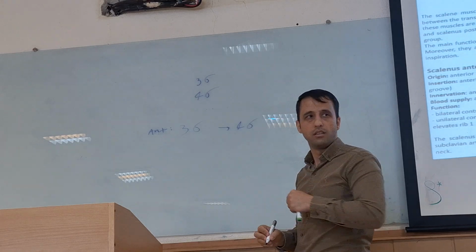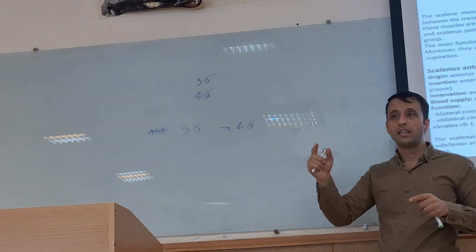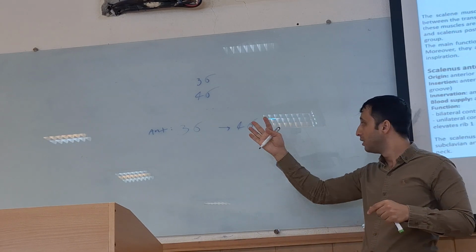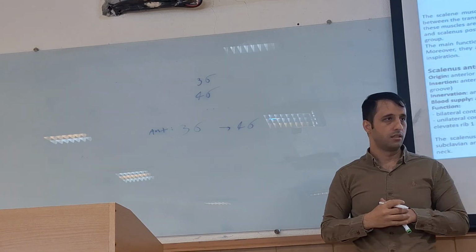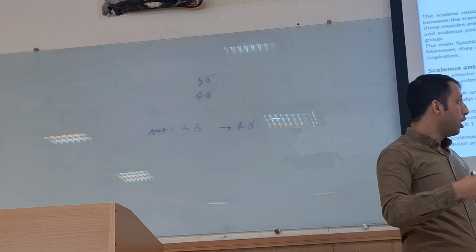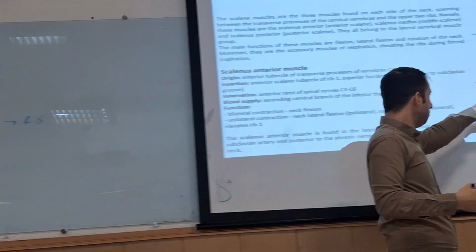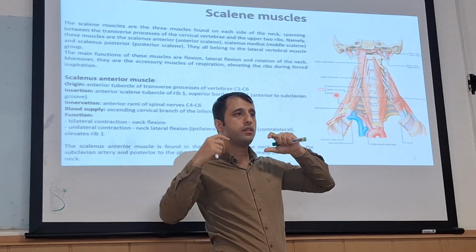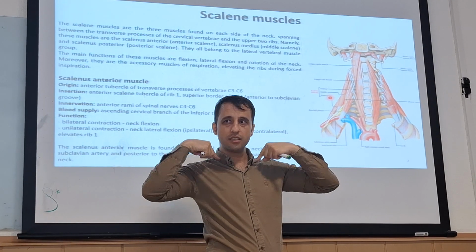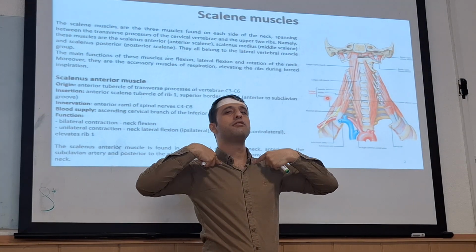Anterior. The cervical nerves 4, 5, and 6. What is the function of anterior scalenus muscle? Flexion, from the cervical area to the first rib.